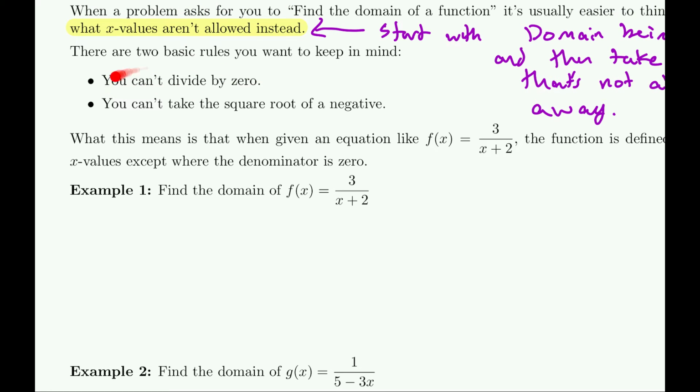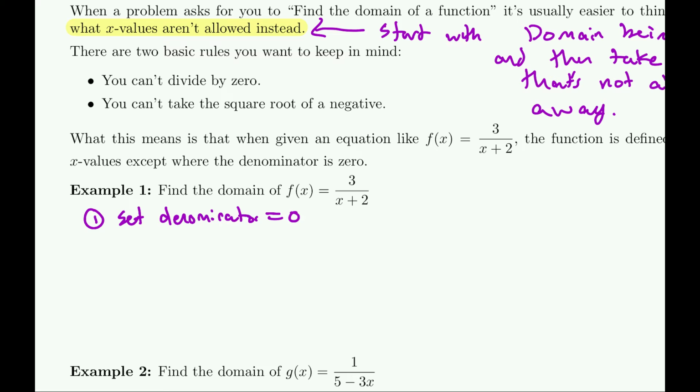So if you can't divide by 0 and you see a denominator, you need to make sure that denominator is not 0. So what you do is very simply, you set the denominator equal to 0. That's what's not allowed.